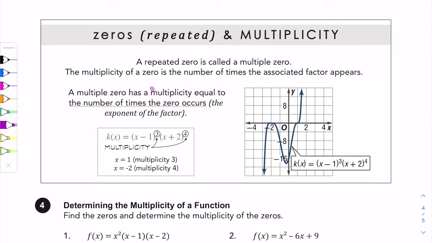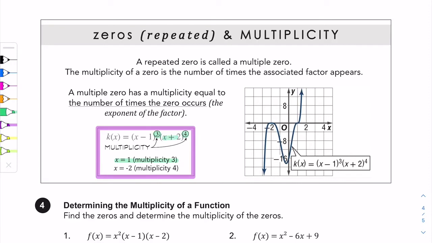So what does this mean? Take a look in this box. We have zeros that happen more than once. Look at the exponents. We have x minus 1 raised to the power of 3. If we set that equal to 0, we would have x equals 1, and it happens 3 times, so we would say multiplicity 3.